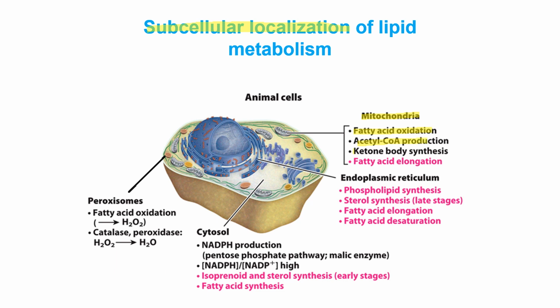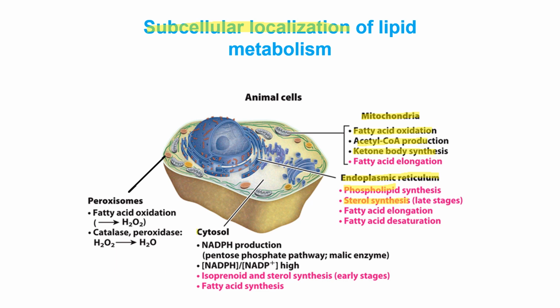Another thing related with the lipids, the ketone bodies, are also synthesized in the mitochondria. Endoplasmic reticulum, which also contains the ribosomes on them, is mainly responsible for the phospholipid and the steroid or the sterol synthesis. Structures like cholesterol are synthesized in them, plus some fatty acid elongation and alteration also happens there.